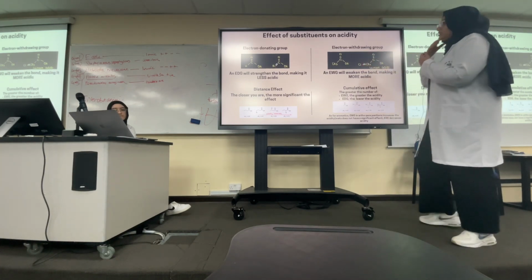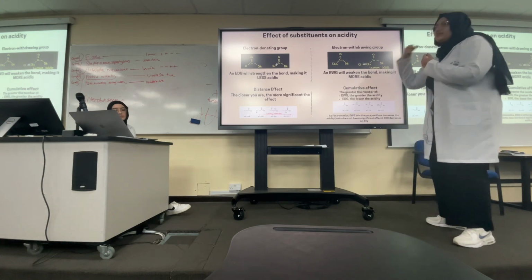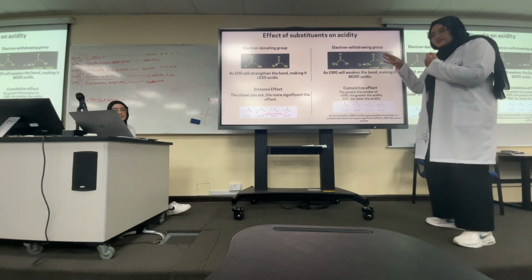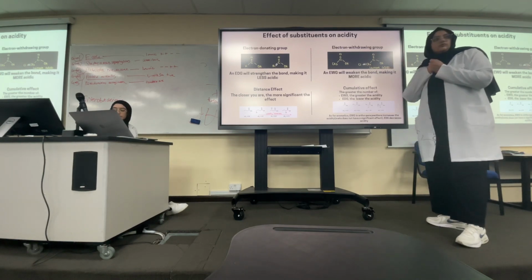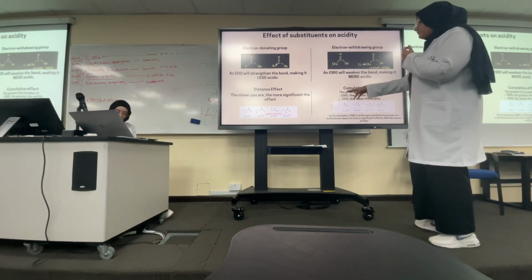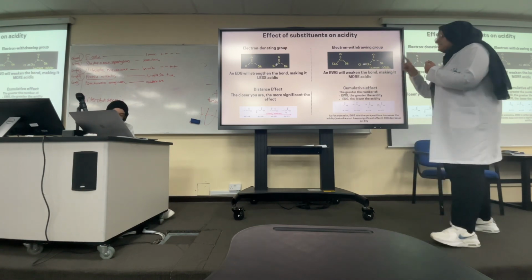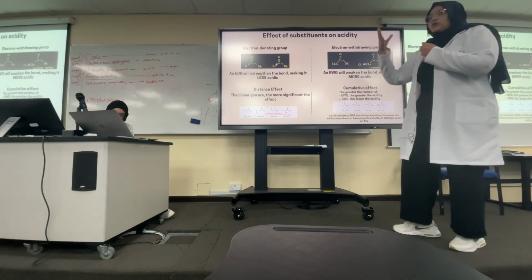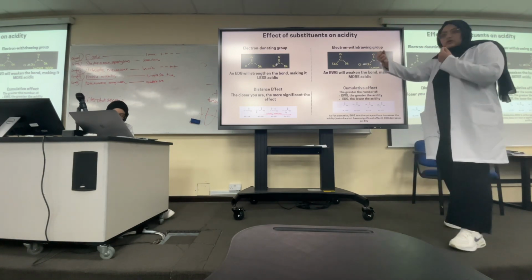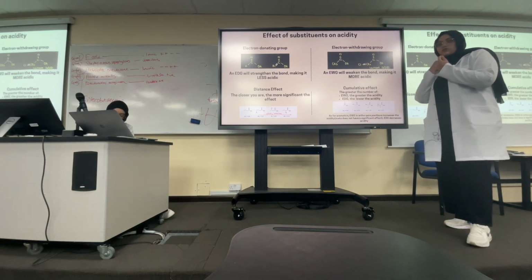If you want to explain it in chemistry terms, it's taking away the electrons. So is the bond going to be stronger or weaker? Weaker, because I'm removing the electrons. Now we have two types of effects, distance and cumulative effects. For the distance effect, the closer the substituent is to the actual carbon, the greater the effect.